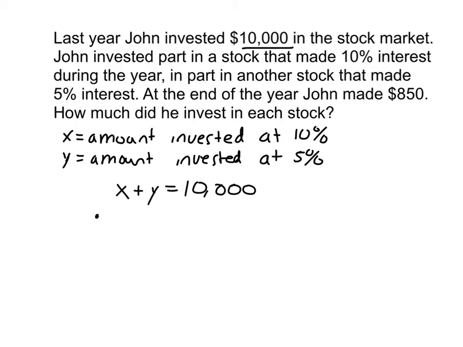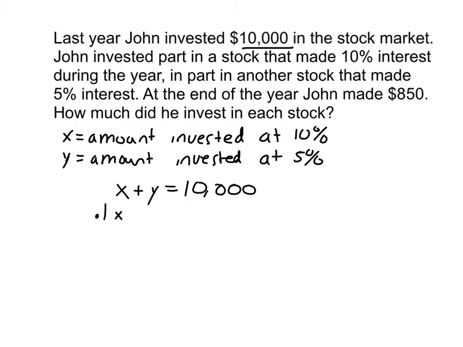So if I multiply 0.1, which is 10%, times X, that'll tell me how much he made out of the stock that was invested at 10%. For example, if you invest $100 at 10%, 0.1 times 100 is $10, so the amount you would get out is $10. We don't know you invest $100, we just know it's X, so that's why I drew X there.